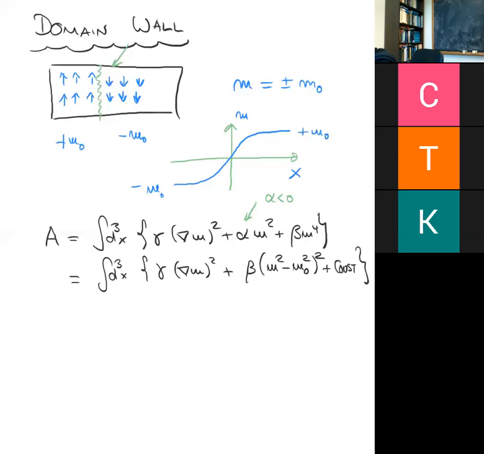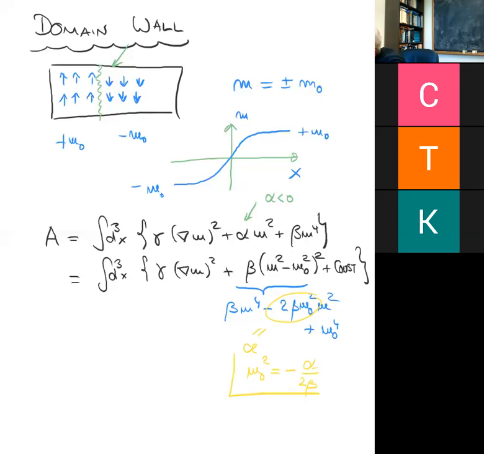So obviously this thing here is still beta m to the 4 minus 2 beta m naught squared m squared plus beta m naught to the 4. So for this to work, it must be true that minus 2 beta m naught squared is the same as alpha. Okay, but that's of course precisely the condition we had before. So this must be equal to alpha, and that's just a way of saying that m naught squared is really minus alpha over 2 beta.